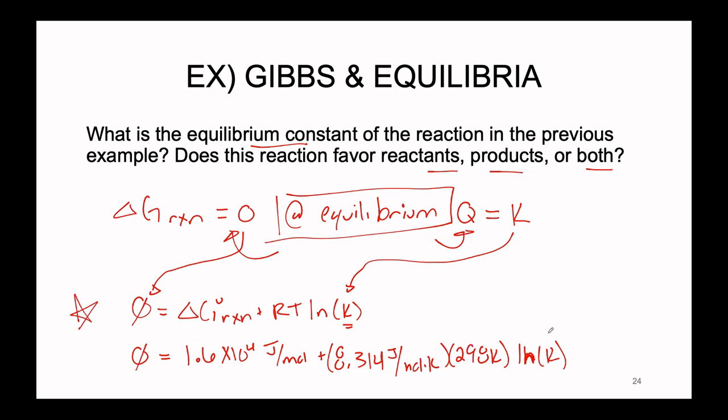So now we have a way to algebraically rearrange and solve for K. I leave this algebraic exercise to the viewer, since you're going to have to be able to perform these calculations on your own, but I will give you the final answer so you have something to compare to. Your K, your equilibrium constant, is going to be equal to 0.00157. Now this value is definitely less than 1.